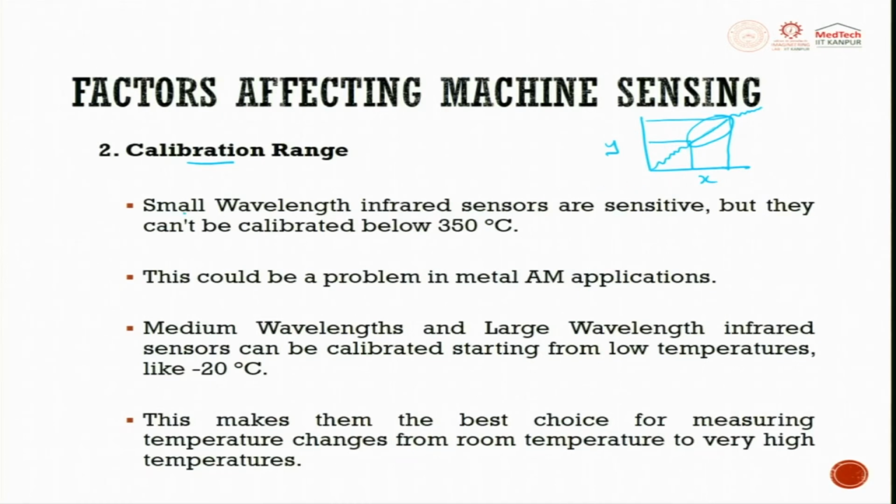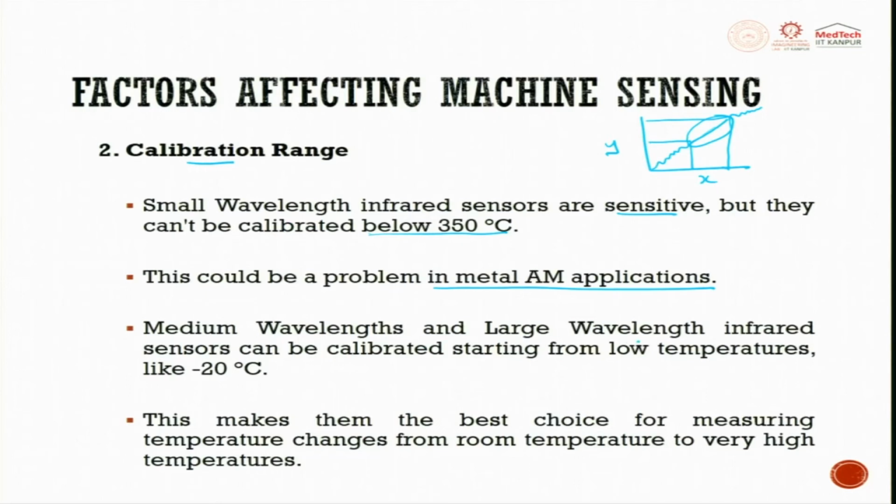So, like that, small wavelength infrared sensors are sensitive, but they cannot be calibrated below 350 degrees Celsius easily. This could be a problem in metal additive manufacturing.